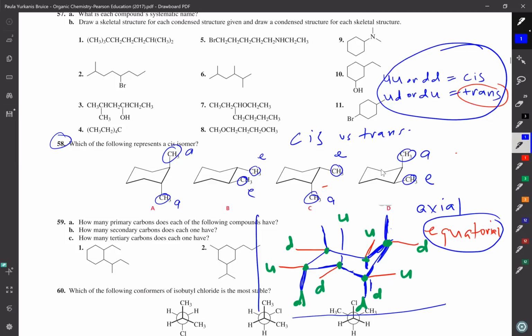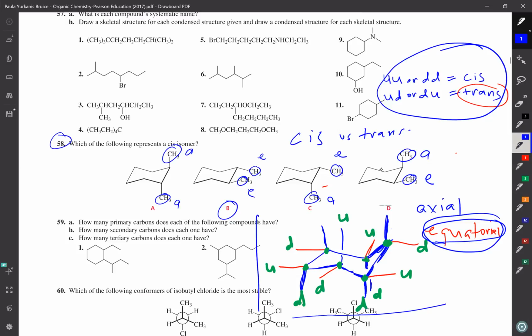Now, if I ask you to rank these molecules in terms of stability, which one is the most stable? The most stable is the one in which the substituents are in the equatorial position. In this case, B will be my most stable molecule, because both substituents are equatorial.